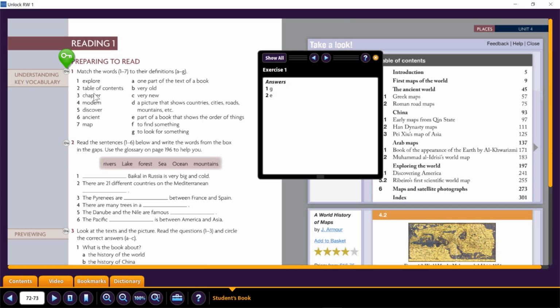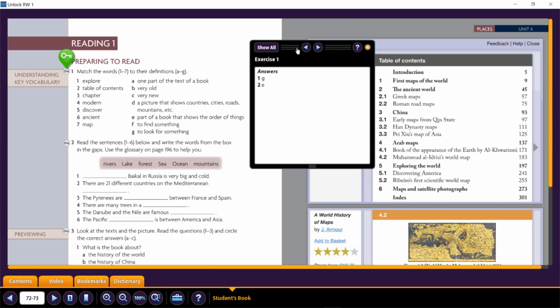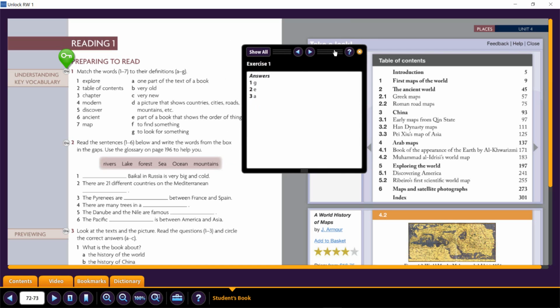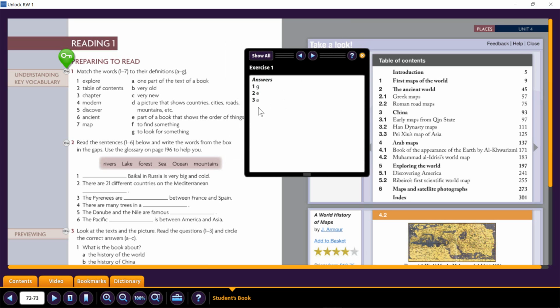What about number 3? Chapter. What do we mean by chapter? What do you think? Chapter with A. One part, chapter, one part of the text of a book. Only one part.